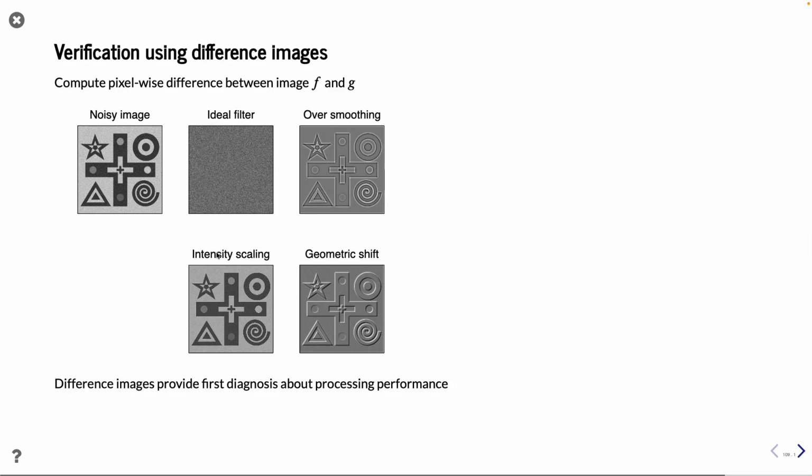If you don't put the scaling on your convolution kernel in the right way, then you will have a change in amplitude, and that's not what you want. And the last one, the geometric shift. If your filter kernel doesn't have the center in the right place, you will shift your image in some direction when you apply it. So this helps you with the visual inspection, but that's a qualitative first look.